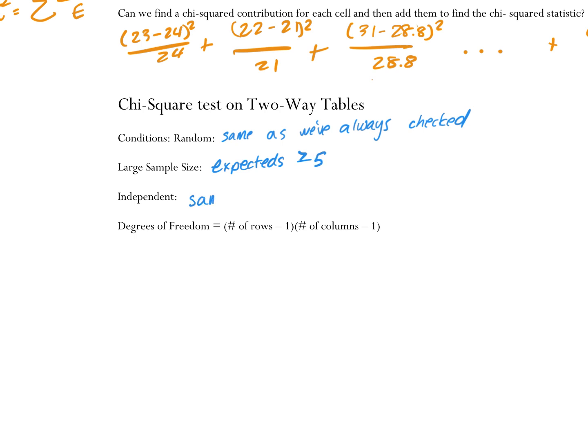Independent is going to be the same as we've always done. Okay, something slightly different. Our degrees of freedom on a two-way table is not just the categories minus 1. You take your number of rows minus 1, so we had 2 rows minus 1, times your number of columns minus 1. We had 3 types minus 1. So you guys, what should our degrees of freedom be in this case? 2. Everybody good?